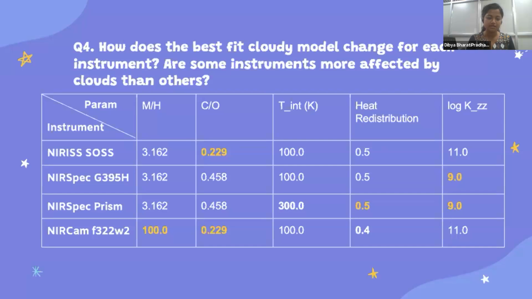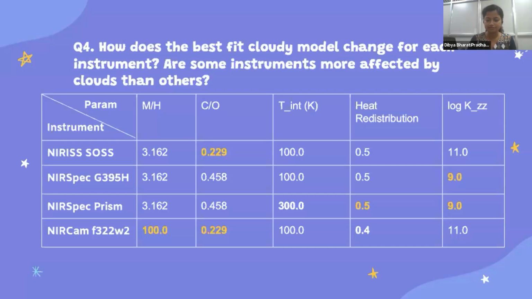But for NIRCam, we are seeing a very huge difference, which is 100. Now the C/O ratio is the same for NIRISS and NIRCam, but slightly different for NIRSpec. Intrinsic temperature is almost the same for NIRISS, NIRSpec and NIRCam, but for NIRSpec PRISM it is higher, which is 300.